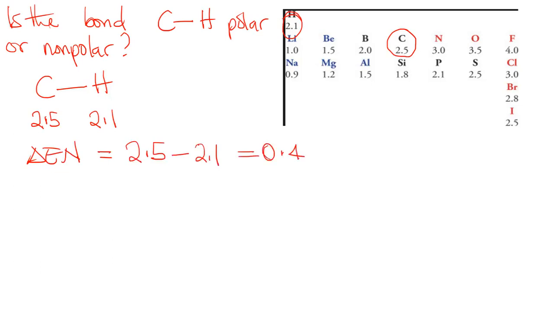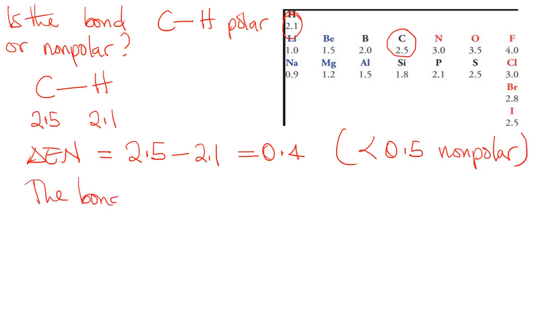Right. But we know that for anything less than 0.5, the bond is non-polar. So this bond, the C-H bond, is pure covalent.